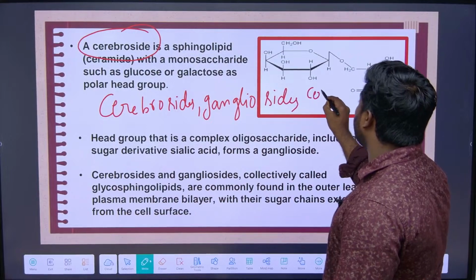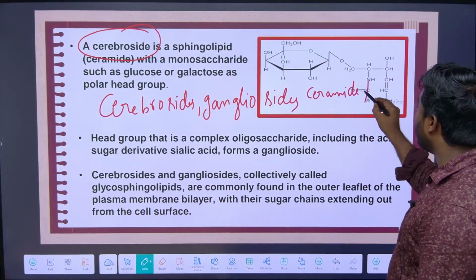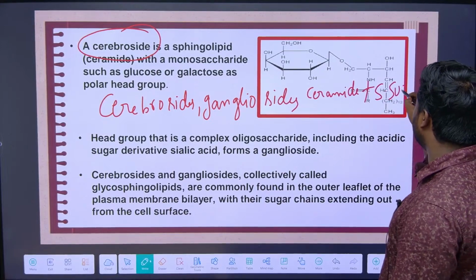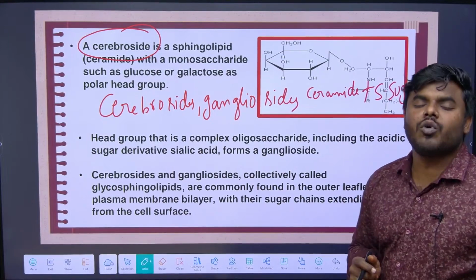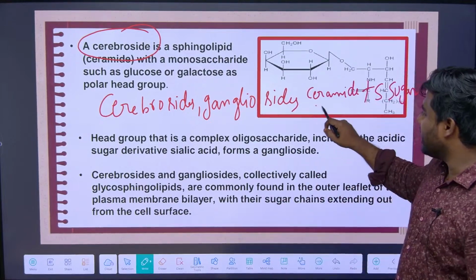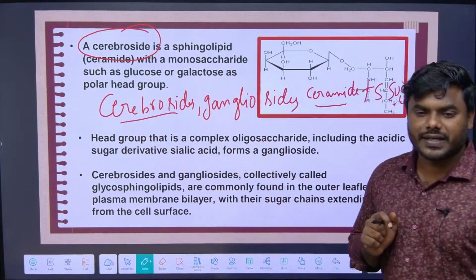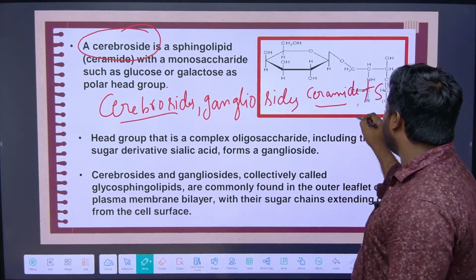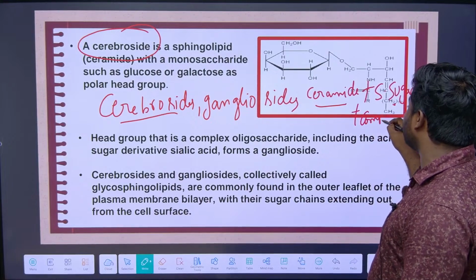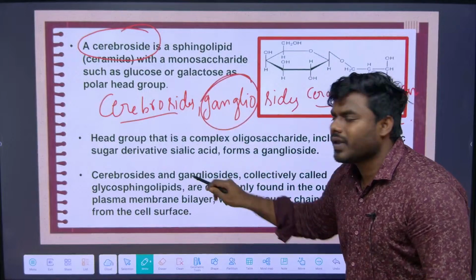If a ceramide, everyone understand, ceramide is combined with a simple sugar. What is a simple sugar? Mostly monosaccharides. Let's consider glucose or galactose. When the ceramide is combined with simple sugars, we call it cerebrosides. When ceramide is combined with a complex sugar such as oligosaccharides or polysaccharides, we call it what?